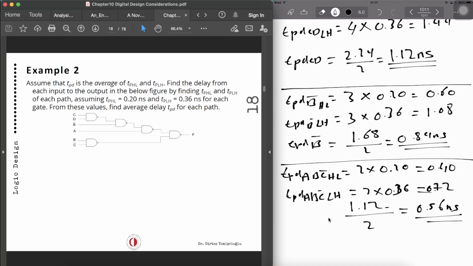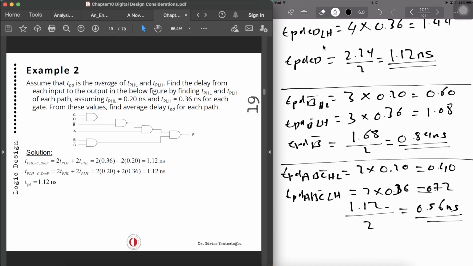Now, this is one way of solving this. On the slides, there's an alternative method. Each stage will have 2 low to high and 2 high to low, so it's actually separating them inside for each of these gates. This is also possible, but in the end, you are going to get the same answer.